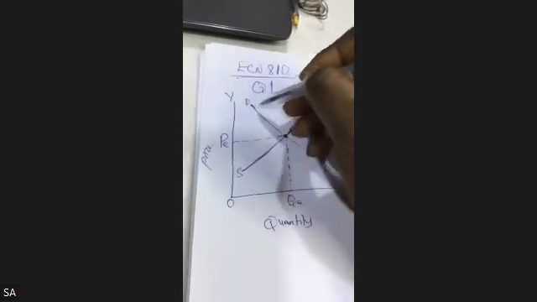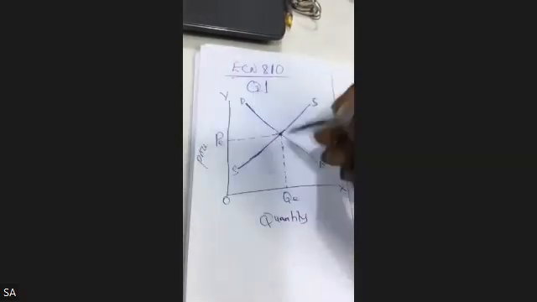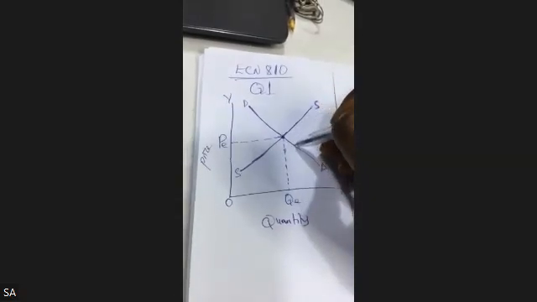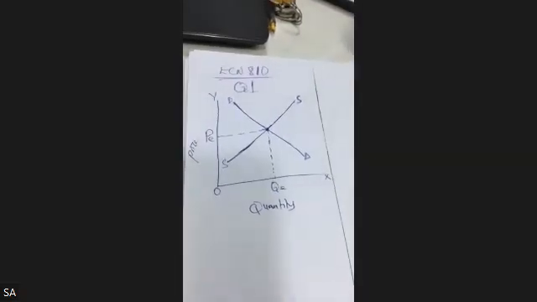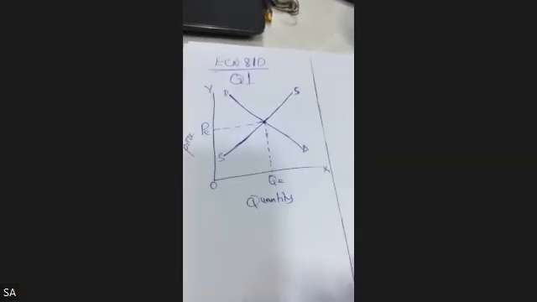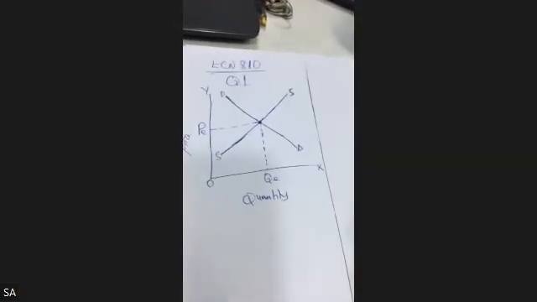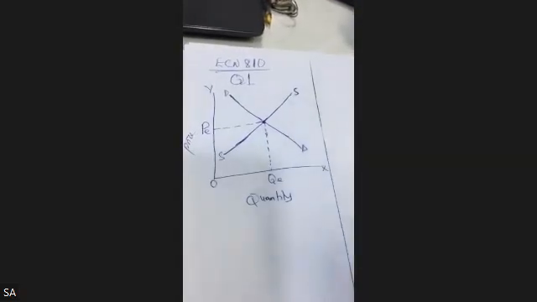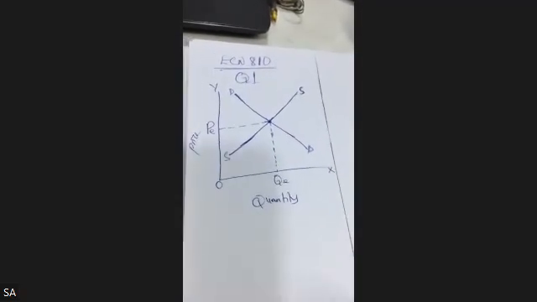The demand curve slopes downward from left to right. The supply curve slopes upward from left to right. The demand curve is negatively sloped and convex to the origin. The supply curve is positively sloped.